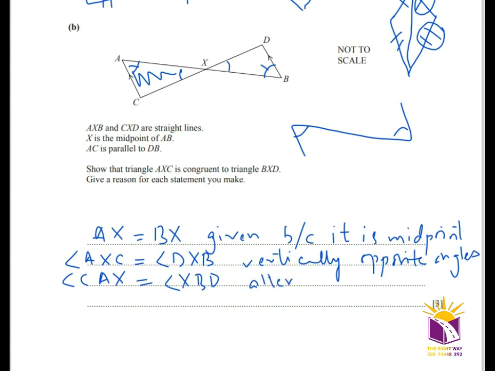So these two are equal. So by the side-angle postulate, these two triangles are congruent.